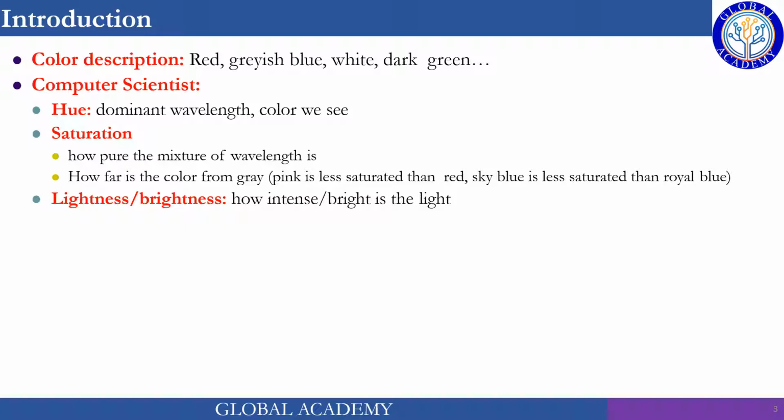Saturation is about how pure the mixture of the wavelength is. Red is a more saturated form of pink, and similarly royal blue is a more saturated form of sky blue color. And then there is lightness or brightness, how bright the color is.